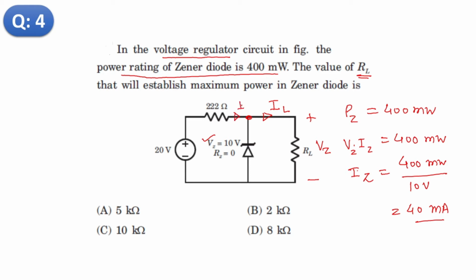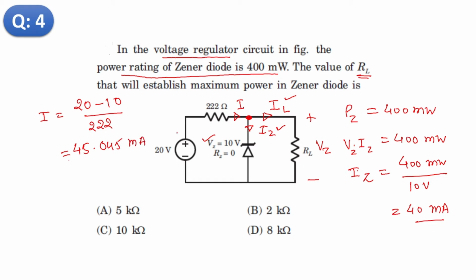We have total current I here, and Iz, which is equal to 40 milliampere, so we can calculate IL. I is equal to 20 minus the voltage at this point, which is 10, divided by 222, and it will be 45.045 milliampere.